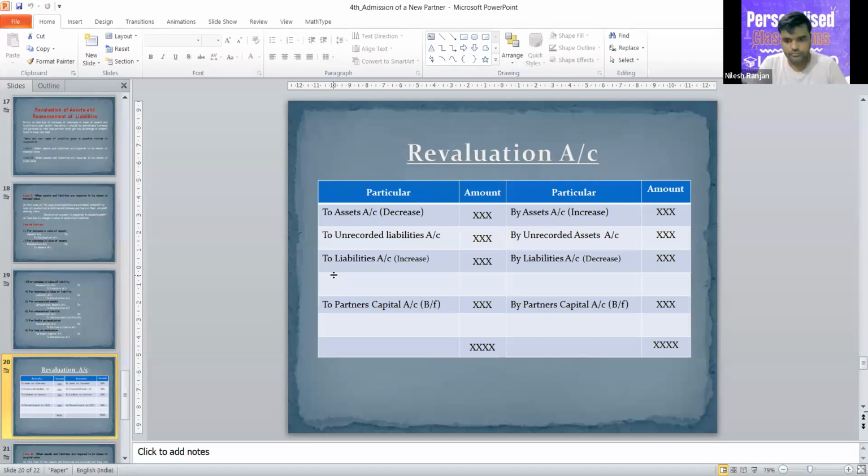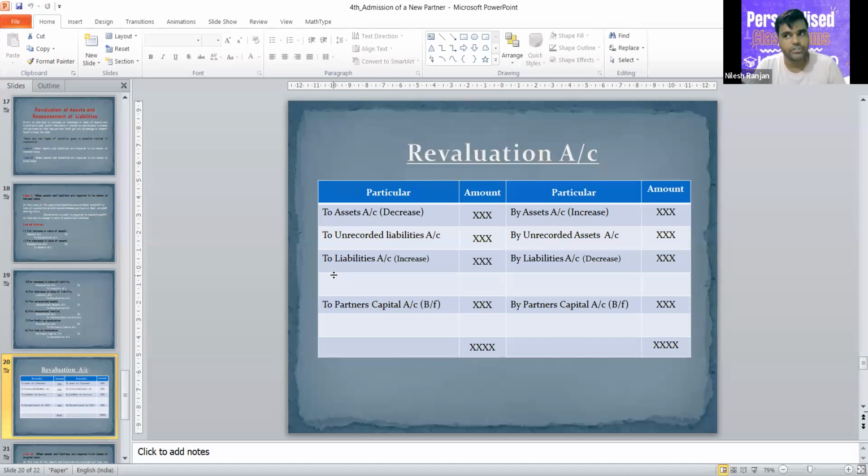Okay. Now tell me, in the journal entry, which amount is written, the old one, the new one, or the change in value? So the change in value. Yes, it is correct. In the journal entry or in the account, we only write the change in value.